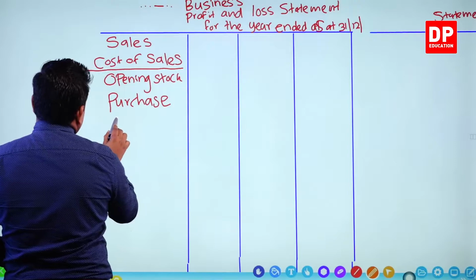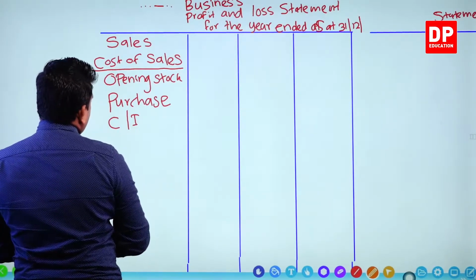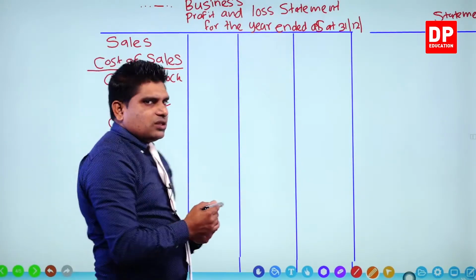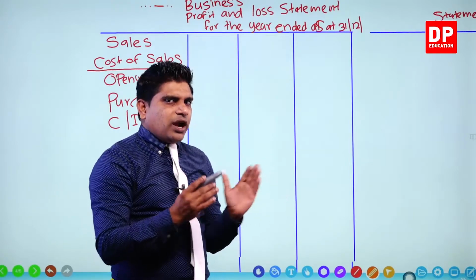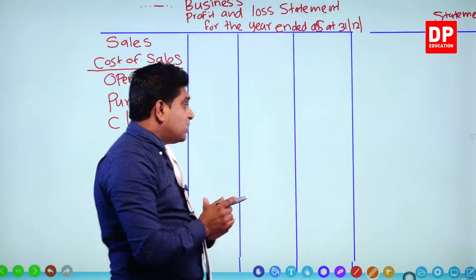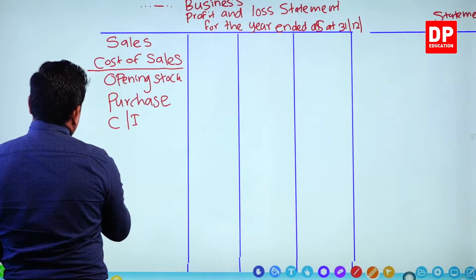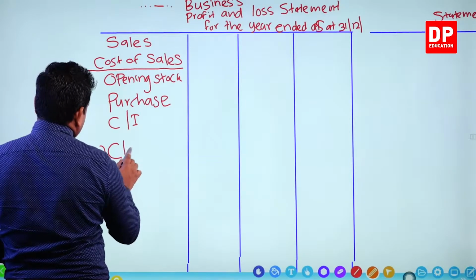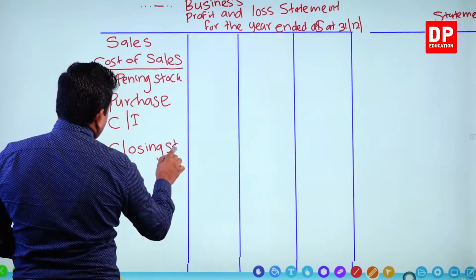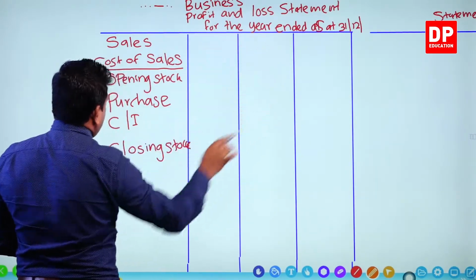Then carriage inwards, I use the short word CI. Only one expense we write under the purchase according to the given details. After adding everything, we minus closing stock. Then you can see the cost of sales. Above you can see the sales, and the difference is gross profit.